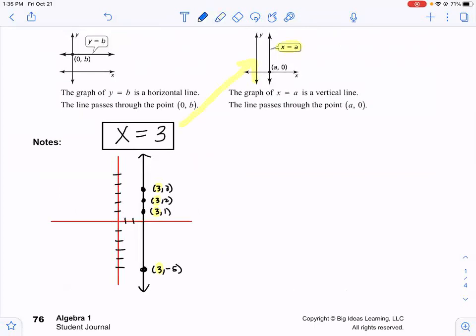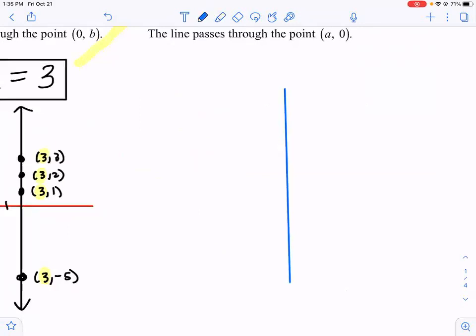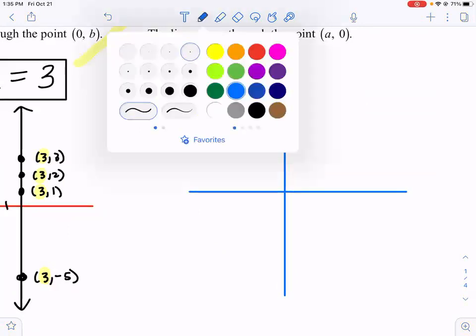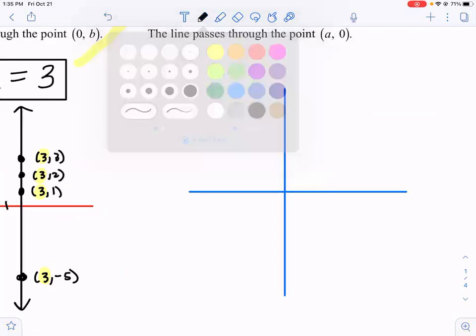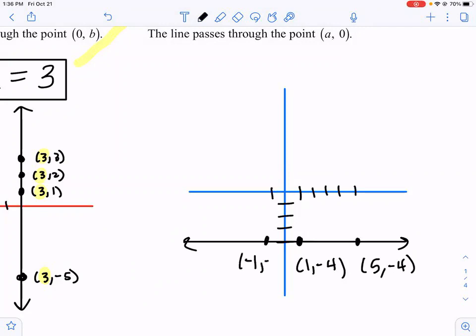Vice versa. Okay, so let's talk about that, Abby. If I have a horizontal line, like this is the coordinate 1, -4, and this is the coordinate 5, -4, and this is the coordinate -1, -4.